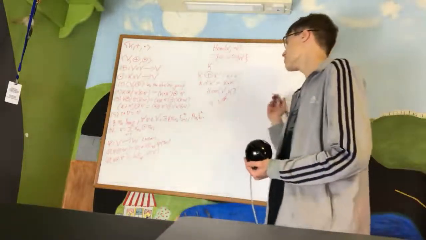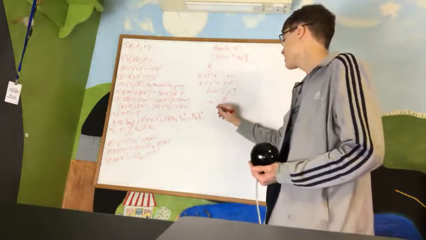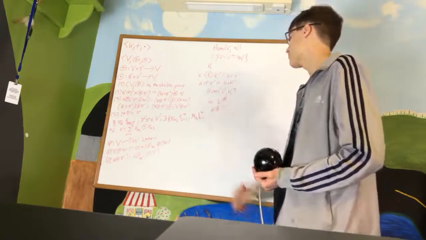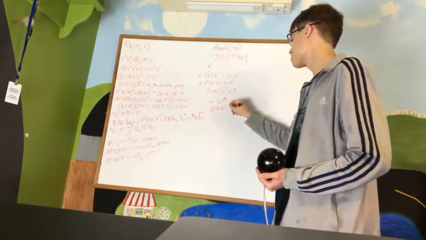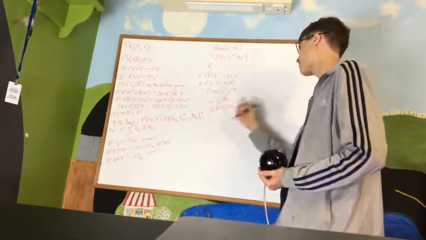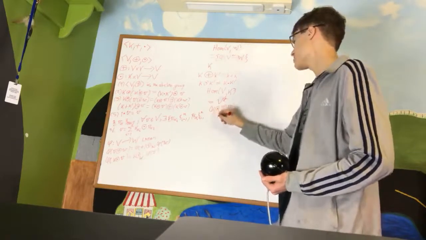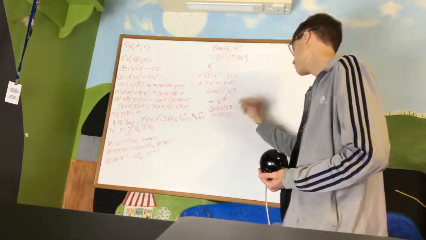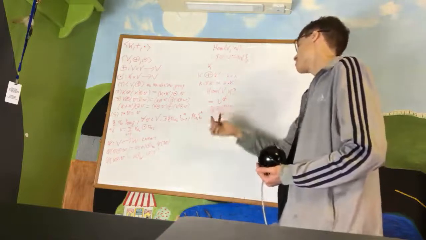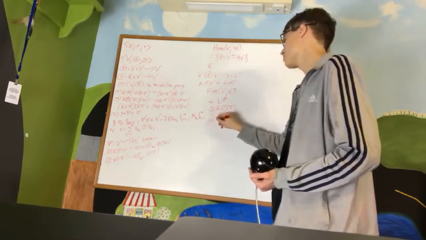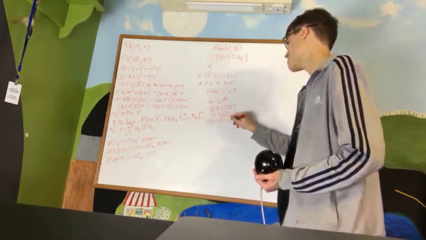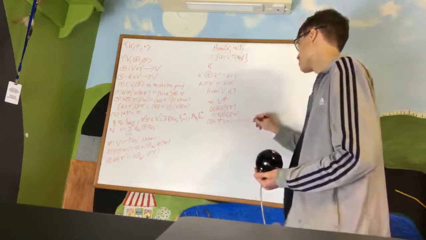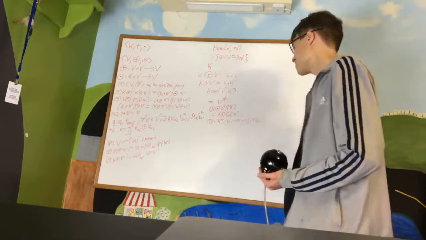Now V star is also a vector space. What we define is scalar multiplication on a phi. We have to apply this to some vector, because this is a linear map, remember? And what we define it to be is k scalar multiply phi of V. So that's obvious, and then phi plus psi of V is equal to phi of V circle plus psi of V. It's that simple.